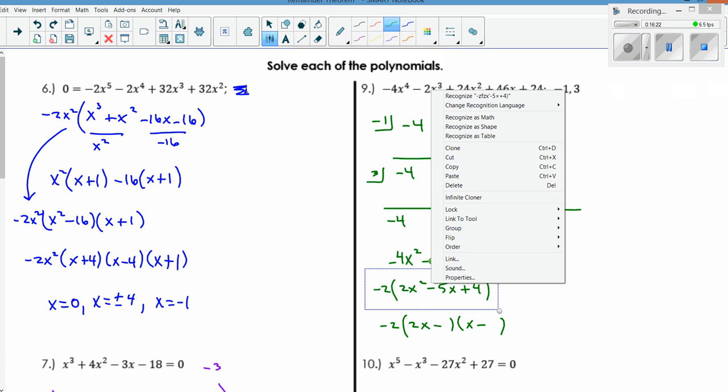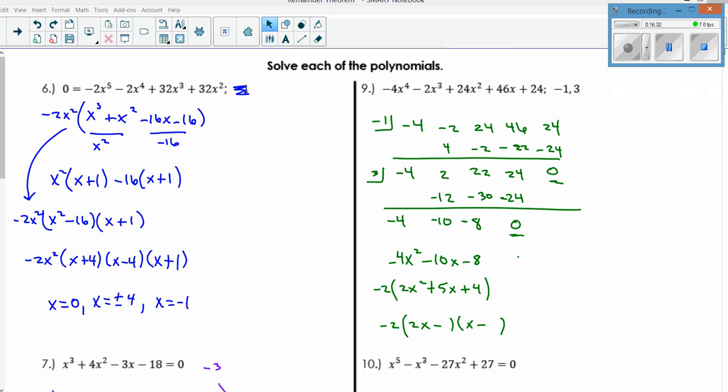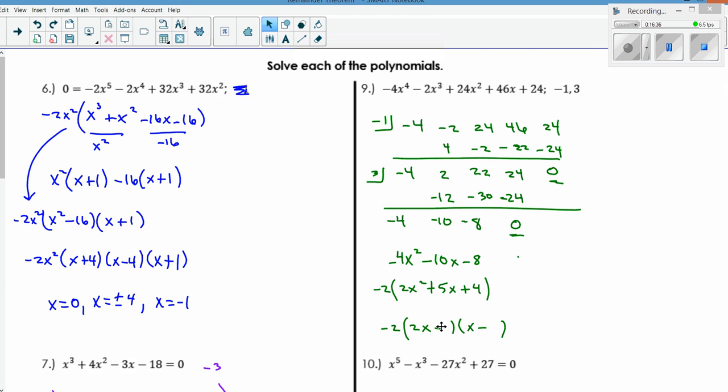Sorry, that's supposed to be a plus. Okay, so I'm trying to figure out factors that are going to give me a positive 4 and add up to give me a 5.